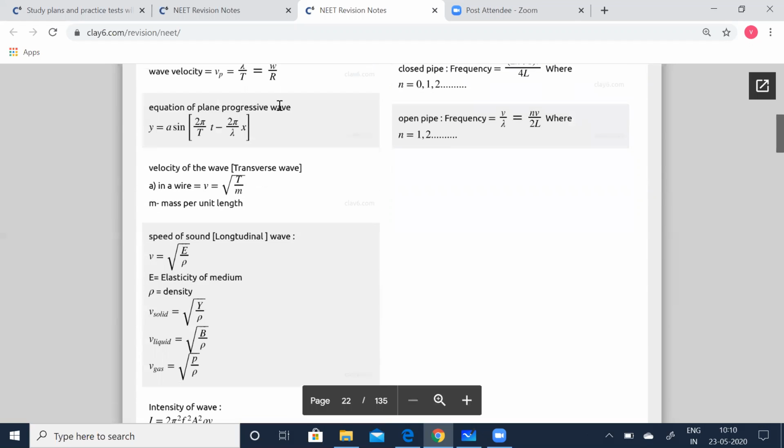Equation of plane progressive waves, y is equal to a sine (2 pi by T into t minus 2 pi by lambda into x).